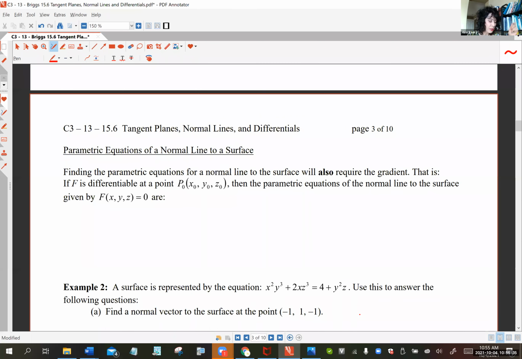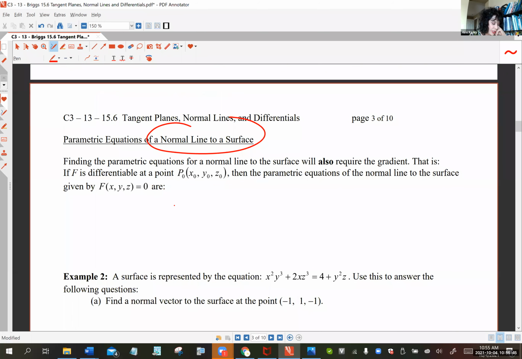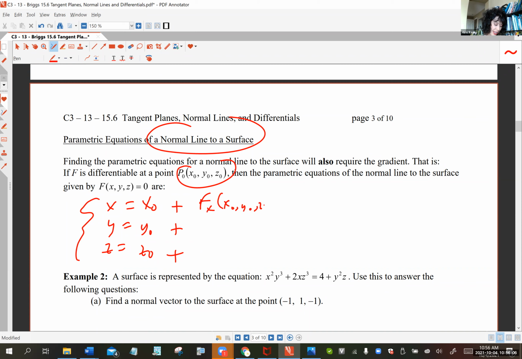Okay, and then let's talk about the parametric equations of that normal line to the surface. This is that line that's piercing the surface at the point. And it's really easy because you're going to use the gradient at that point for the direction vector, because it is the direction vector. So your parametric equations are going to be super easy to get. You've got the coordinates of your point, x naught, y naught, z naught, and then your direction vector, those direction numbers are simply going to be the gradient's components evaluated at the point, multiplied by t, of course.